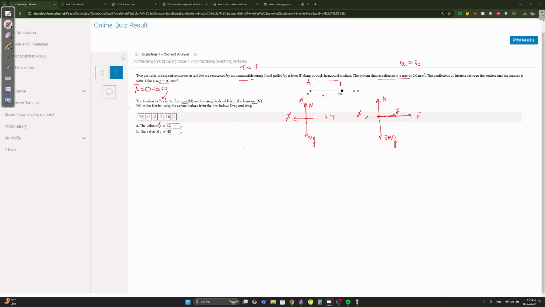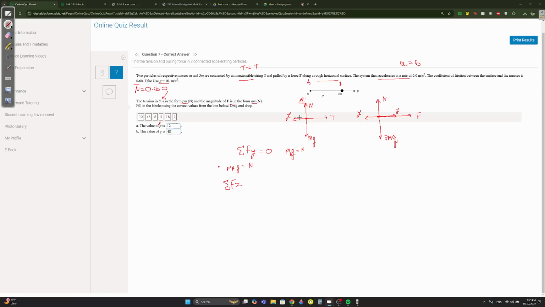Let's start with block A. Fy. Is it going up and down? No. So mg is equal to N. That's our first equation. Let's try now Fx.